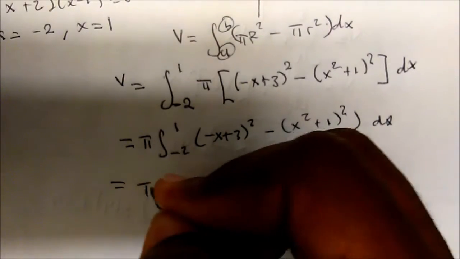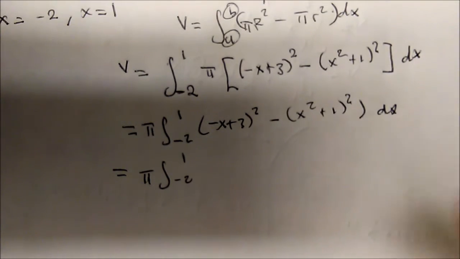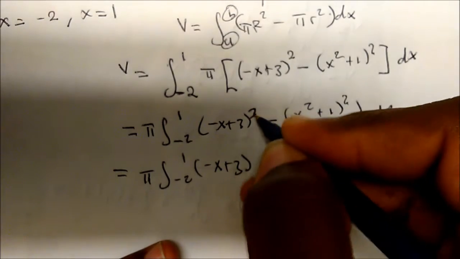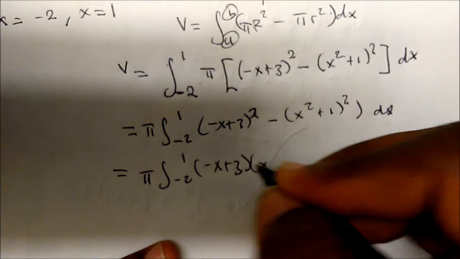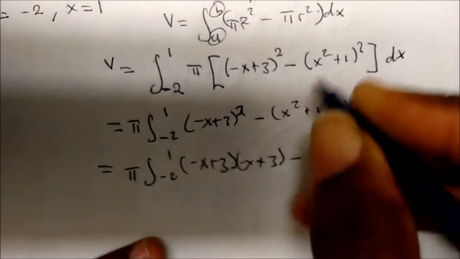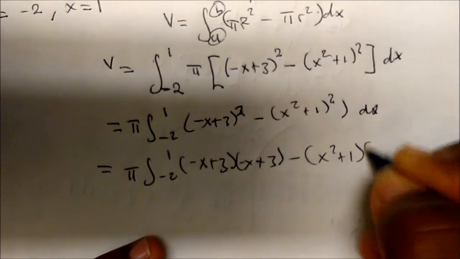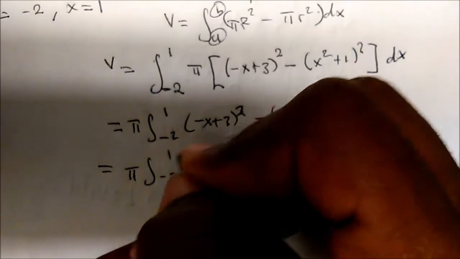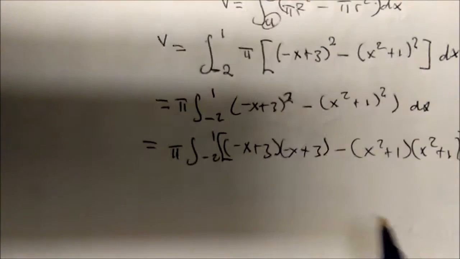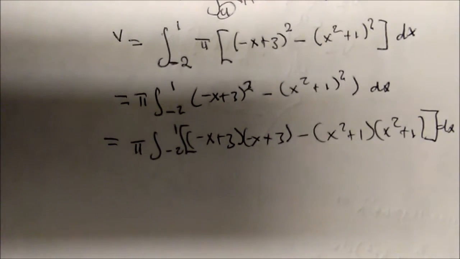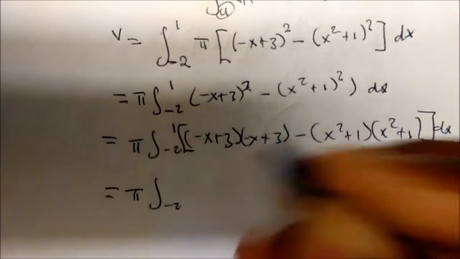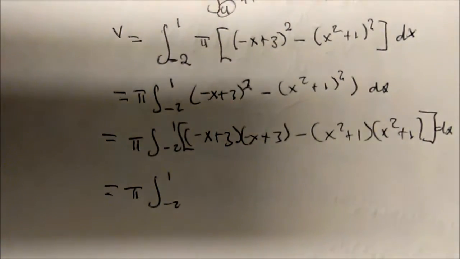So continue with my integral. I could expand this thing. So this is the integral of negative x plus 3 times negative x plus 3, minus x squared plus 1 times x squared plus 1, dx. I'm going to put a bracket since I'm taking the integral of all this. So now this becomes the integral from negative 2 to 1.